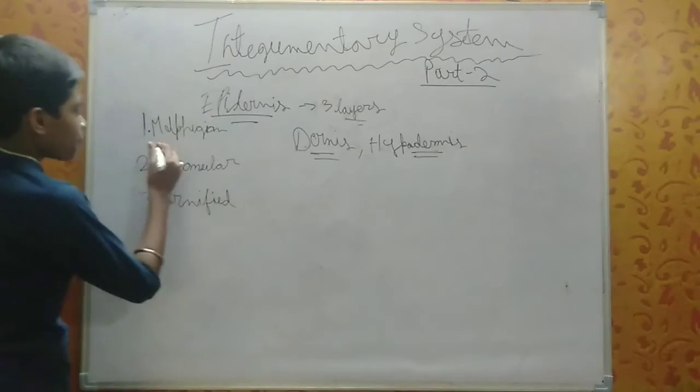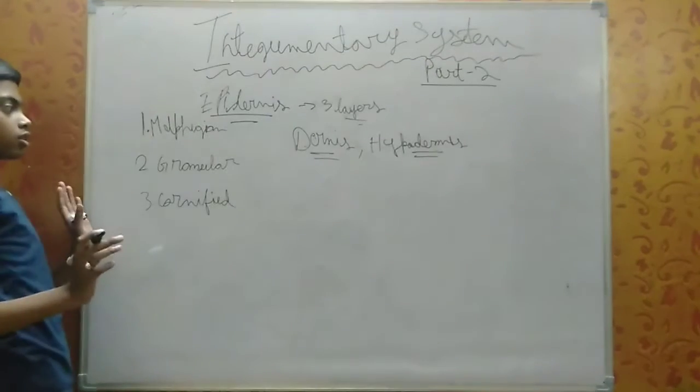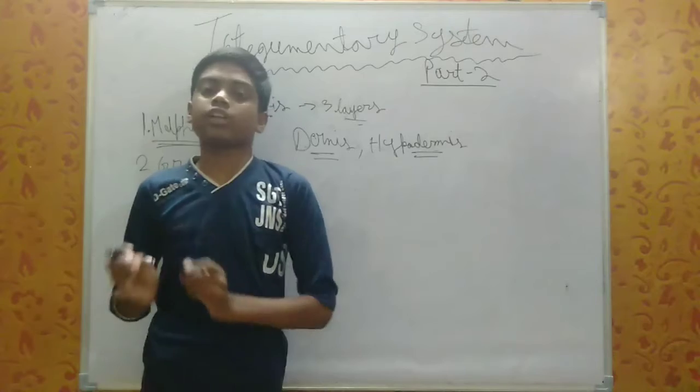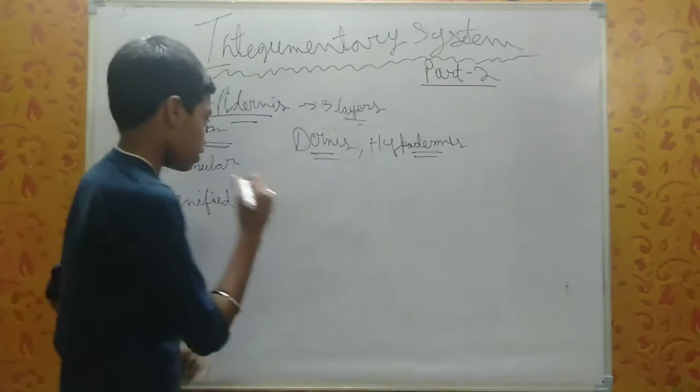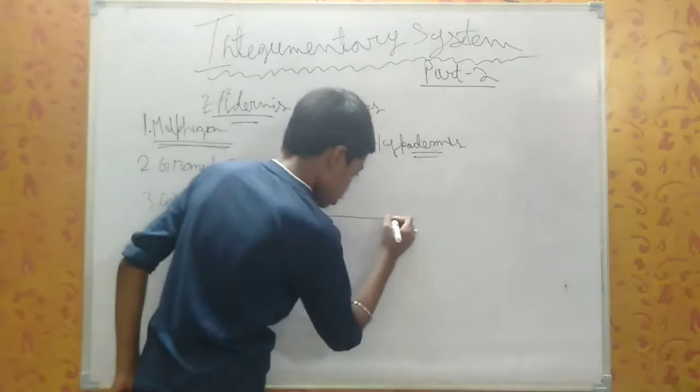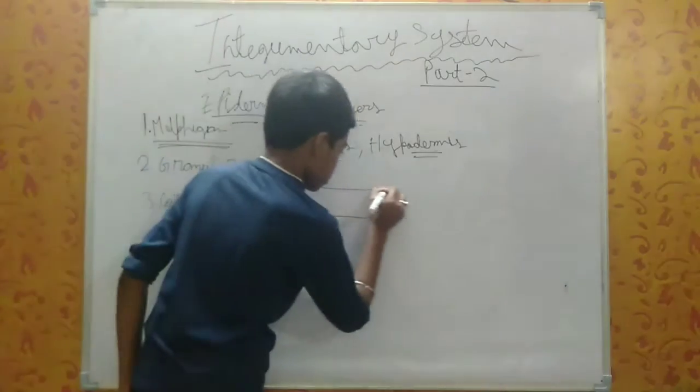Now, malpighian. The malpighian is the innermost layer of our epidermis, right? So there are three layers.